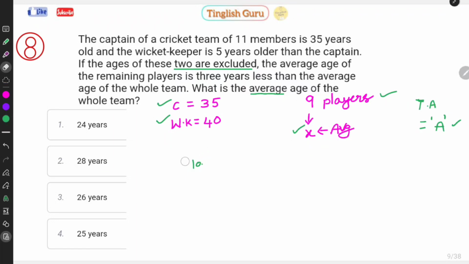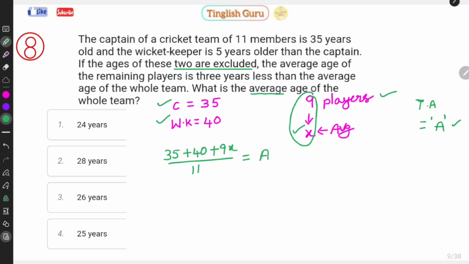So let us substitute these things. What is the sum? The sum of total means captain's age plus wicket keeper's age. So 2 members' ages are completed. The remaining total age of 9 players is 9 into X. 9X divided by the total number of players, 11, is equal to the final average, A.